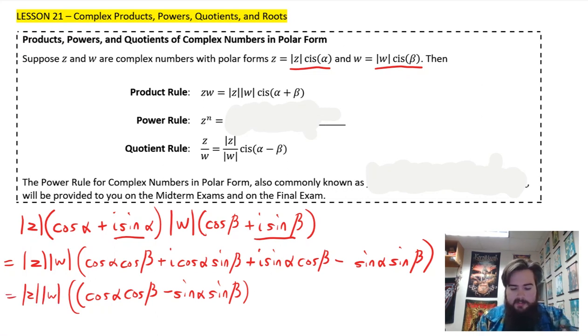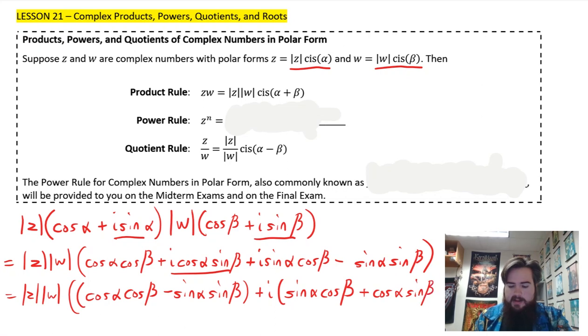And with the i terms, I have i times the other two, which would be, if I put this in a reverse order, sine of alpha, cosine of beta, taking this term, and then adding that to the other term, cosine of alpha, sine of beta.